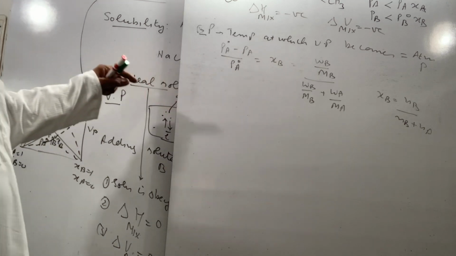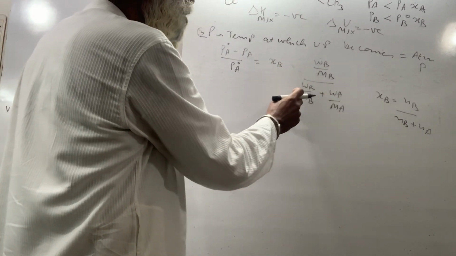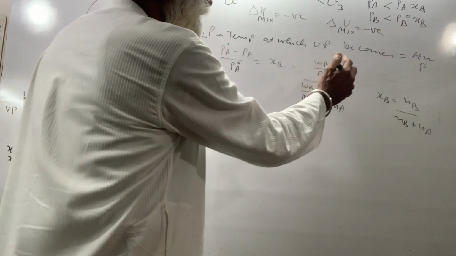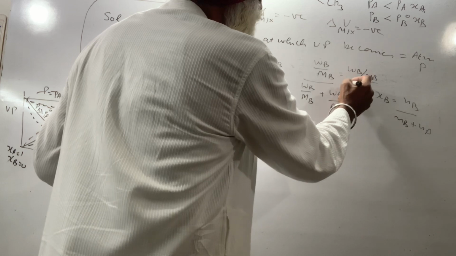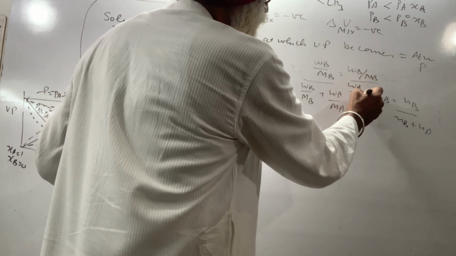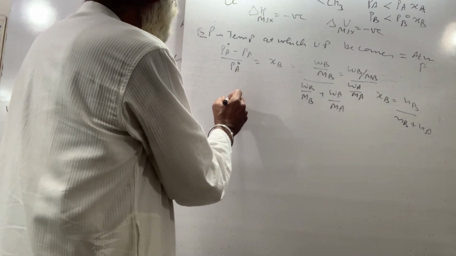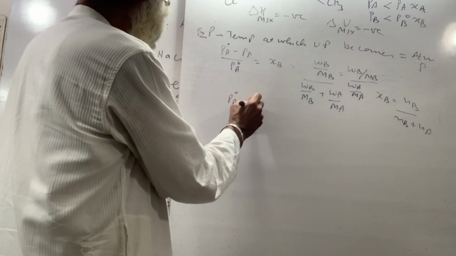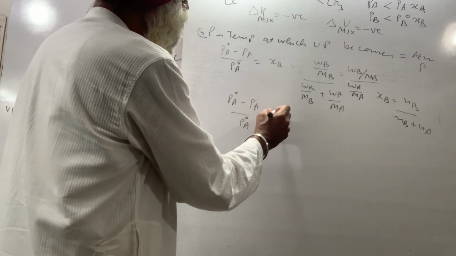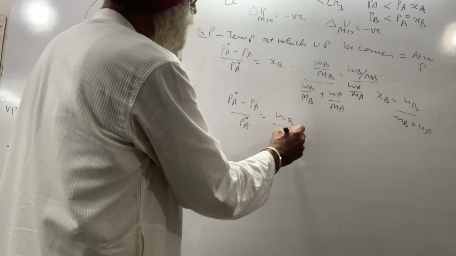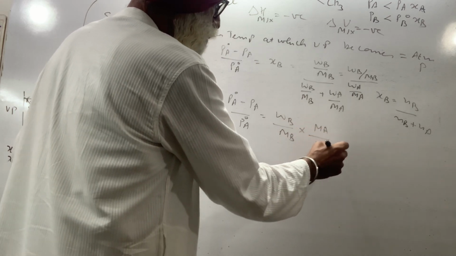Out of this denominator, this term is very large, this is small, so we neglect it. So WB upon MB is equal to WA upon MA, and (PA naught minus PA) upon PA naught is equal to WB upon MB into MA upon WA.